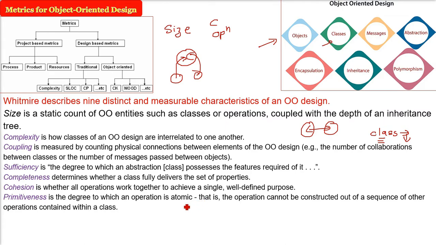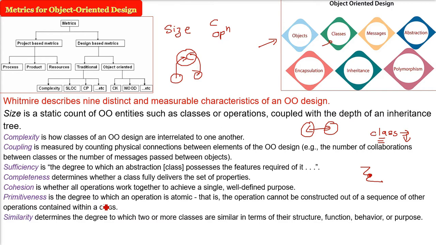The operation cannot be constructed out of a sequence of other operations contained within a class. If certain operations are there, this operation cannot be completed until those operations are also taken care of. So if you have a sequence, that sequence will be followed. That is what we mean, the operation has to be atomic.